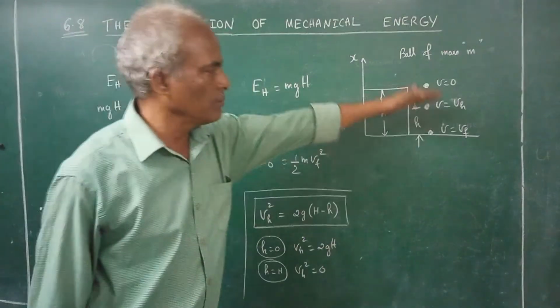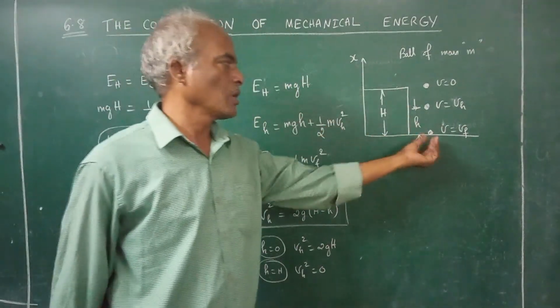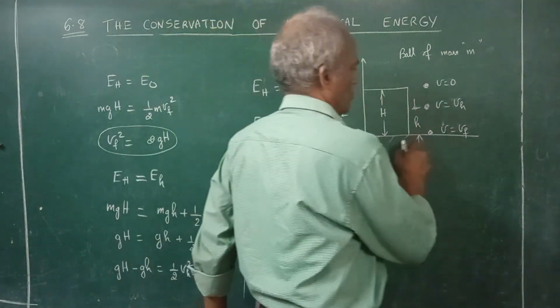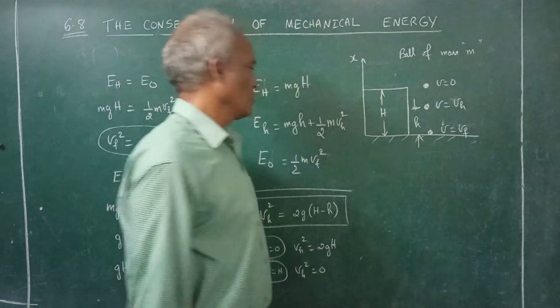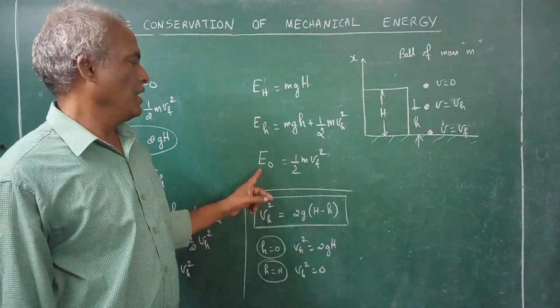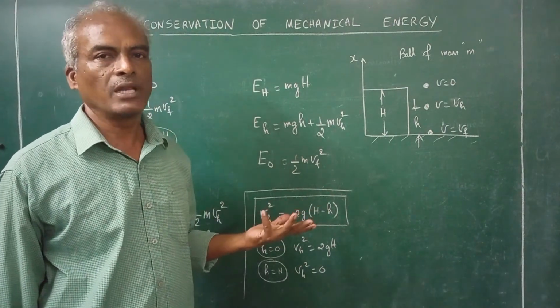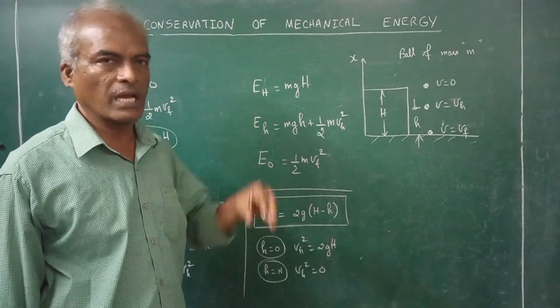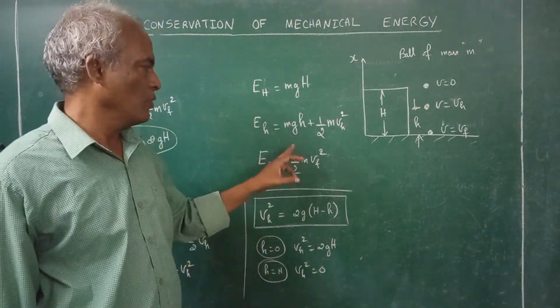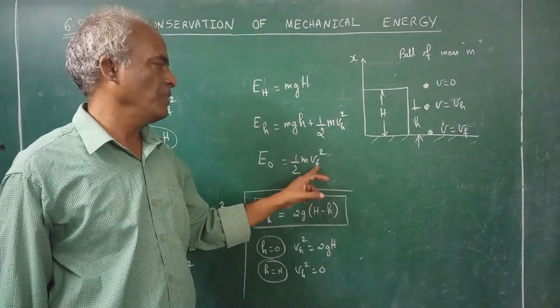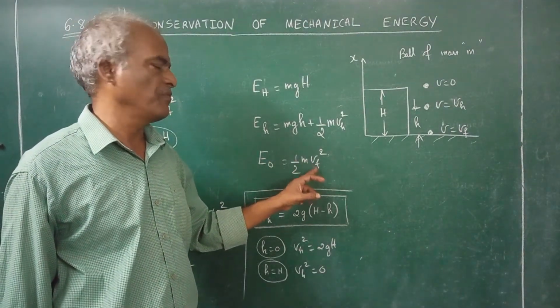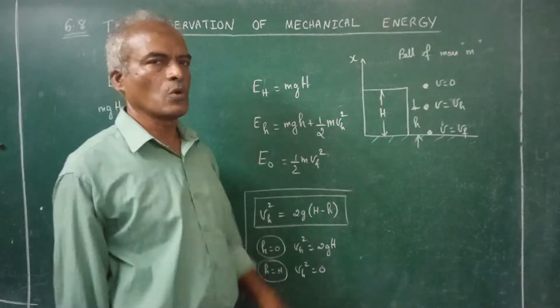Next, the solid ball has come to the ground. So now we have E naught, the energy at ground, is half m vf square, because it doesn't have any potential energy. It is moving and hitting the ground. Vf means final velocity.